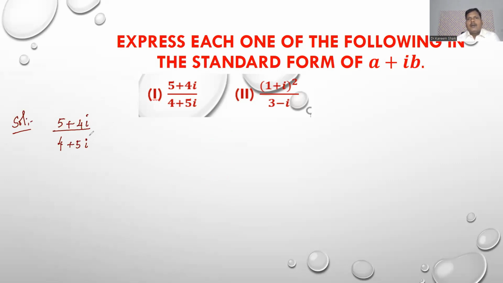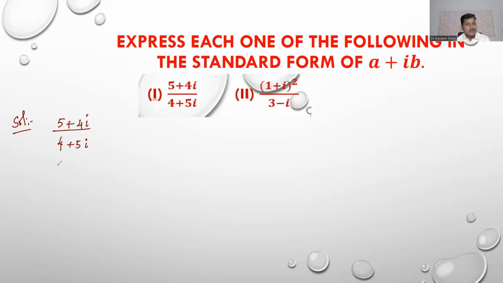Let's see. If you wish to express it in the form of a plus iota b, we have to remove the complex number from the denominator. That means we have to convert it into a real number. To do that, we multiply both numerator and denominator by the conjugate of the denominator.